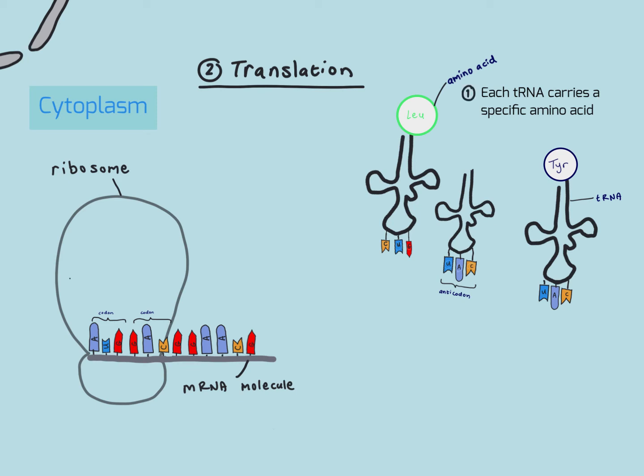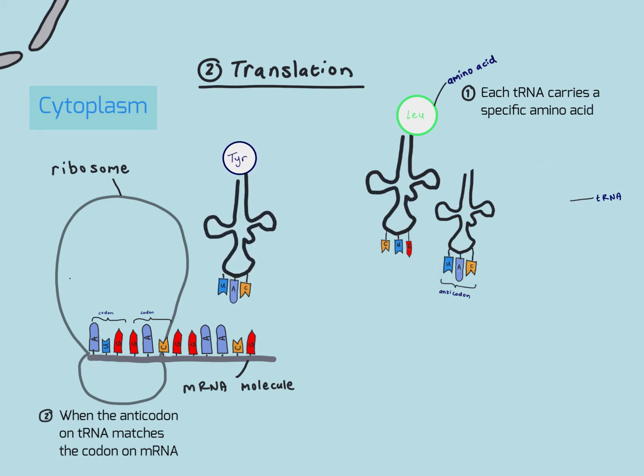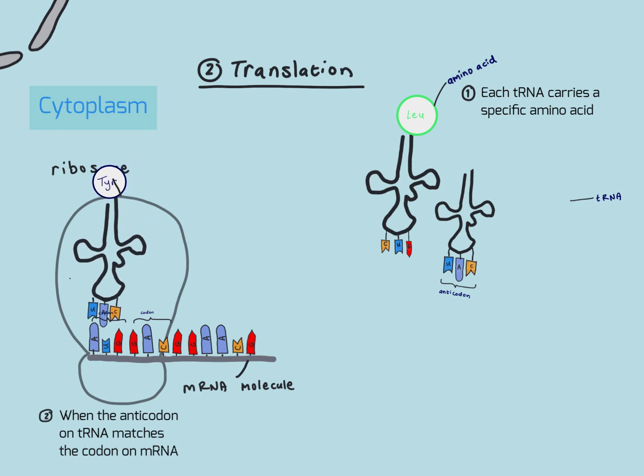Step 2 relates to the fact that the tRNA anticodon needs to match with the mRNA codon. So as the ribosome is reading the codons on mRNA, the first codon is AUG. So what would be complementary to the A would be a U on tRNA, complementary to the U would be an A, and complementary to the G would be a C. So then it is this tRNA molecule that will bring its required amino acid to the ribosome.